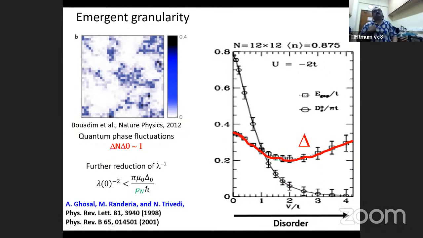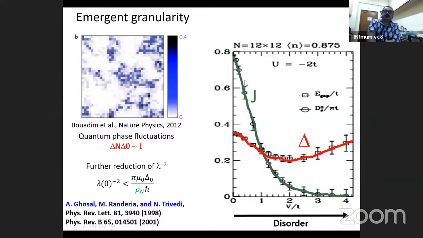Now you calculate the superfluid stiffness, J, and this is how J varies. At low disorder, J is much larger than delta, so it's an irrelevant energy scale. We will not excite too many phase fluctuations.